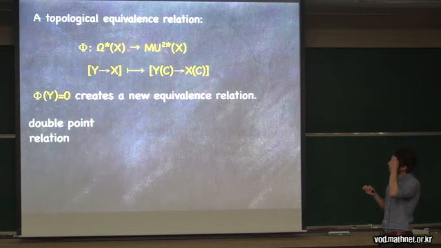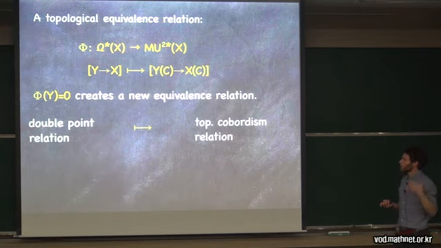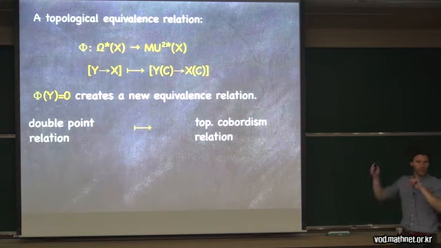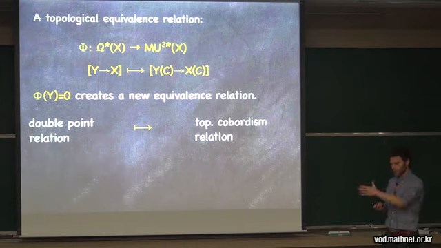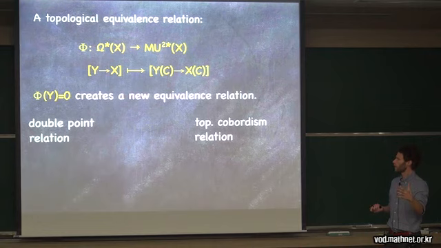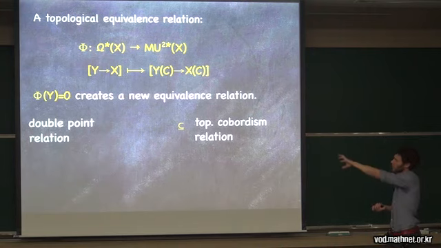That this map is well defined tells us that any of these double point relations is sent to the topological cobordism relation that I described before. So in comparing these equivalence relations, we could say that the double point relation is finer than the topological cobordism relation. In other words, the relations on the left hand side are contained in the right hand side.